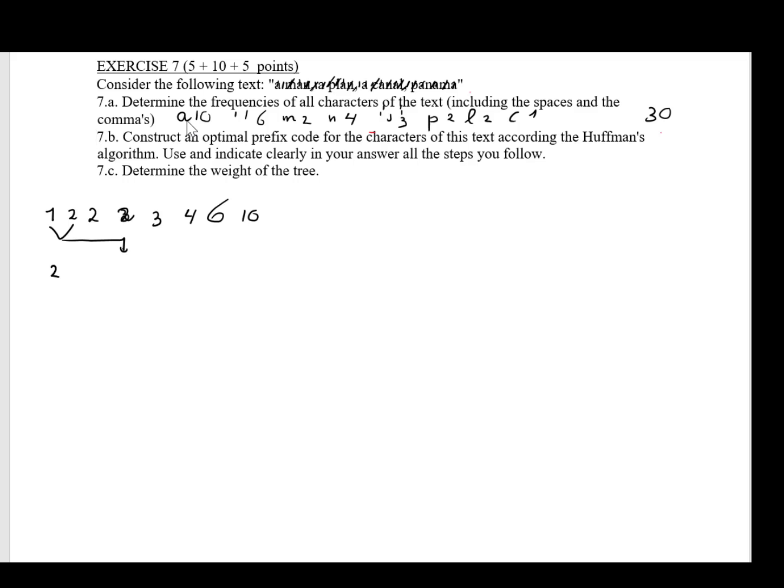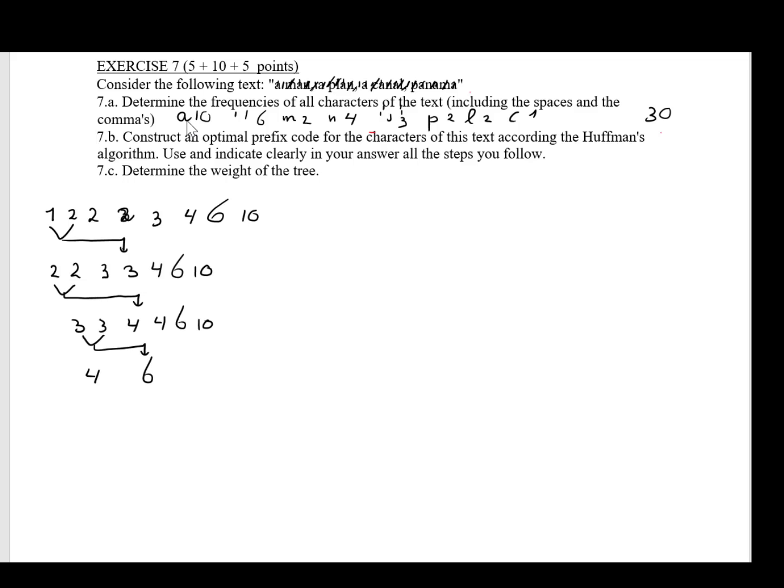So we have 2, 2, 3, 3, 4, 6, 10. 2, 2 together, place it in the right position. That would be 3, 3, 4, 6, 10. 3, 3 together.